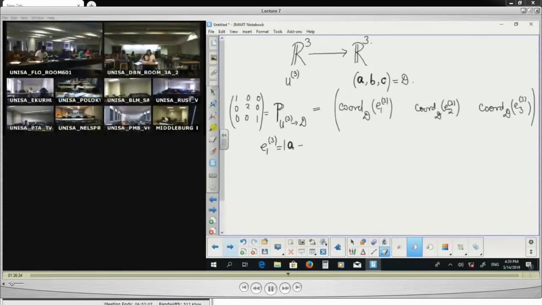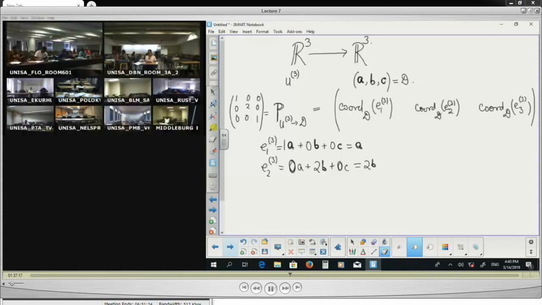I made a mistake. E2, it is 0 times A plus 2 times B plus 0 times C. Okay? So this comes to 2 times B. Right? So this tells me that 0, 1, 0 is 2 times B.